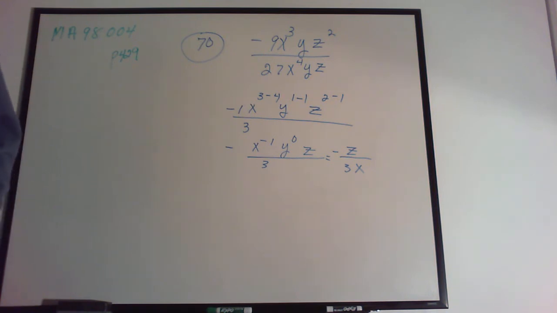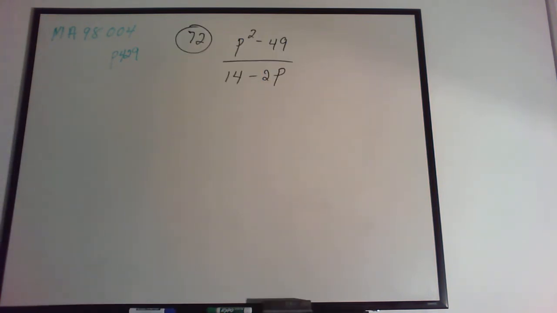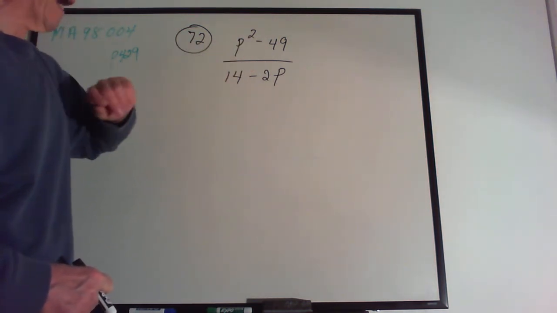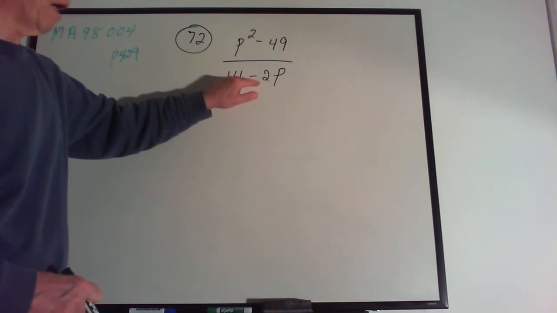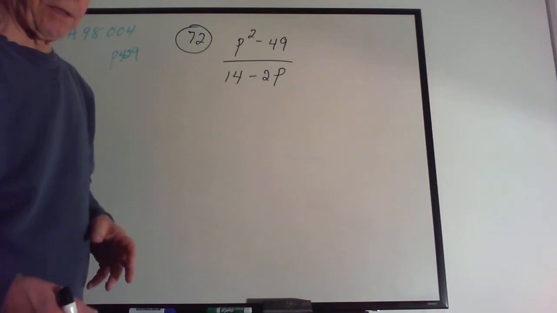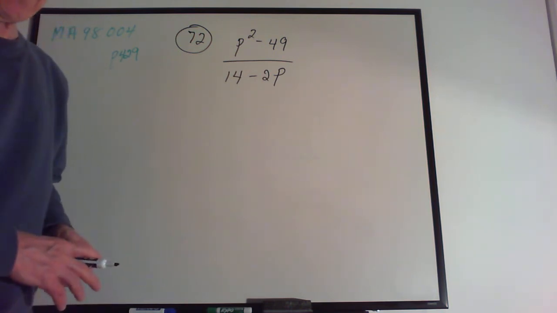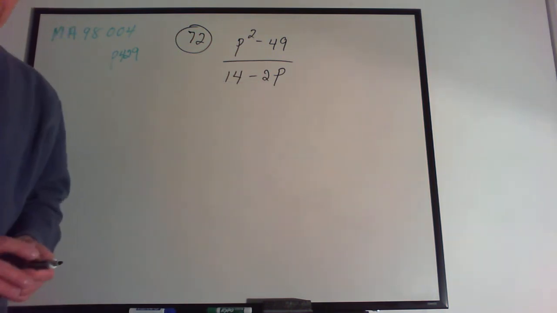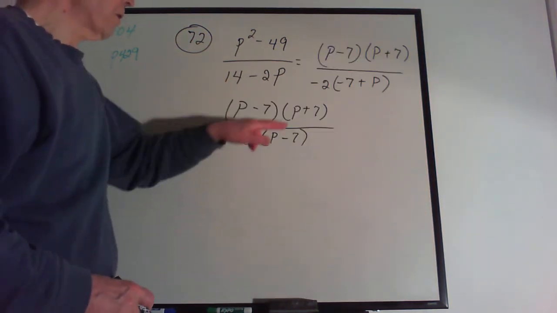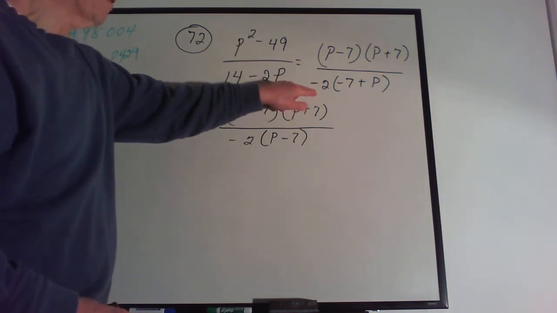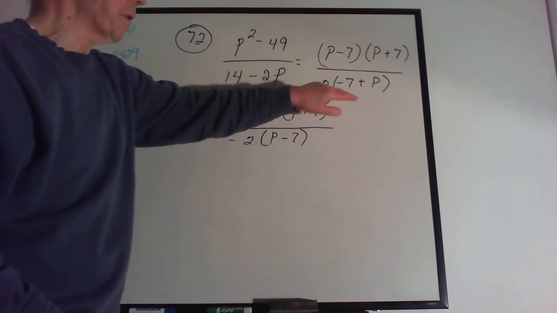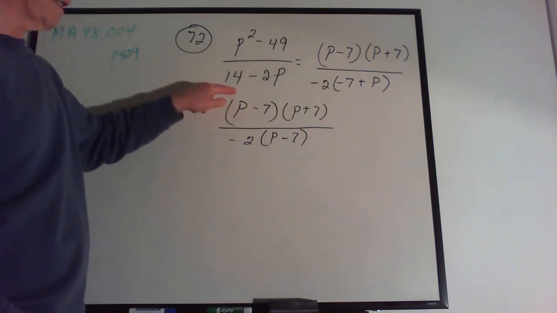Try problem 72. All right, here's problem 72. I can factor the numerator. I want to make this a positive p. So I'm going to ask you to pause the video, do the factoring, and see how you can make this into positive p instead of a negative p. All right, so I took out a negative 2. Makes it negative 7 plus p. If I multiply back through, a negative 2 times a negative 7 gives me a positive 14.